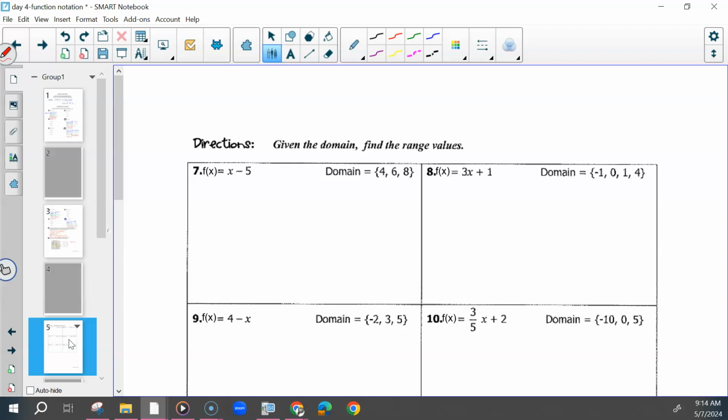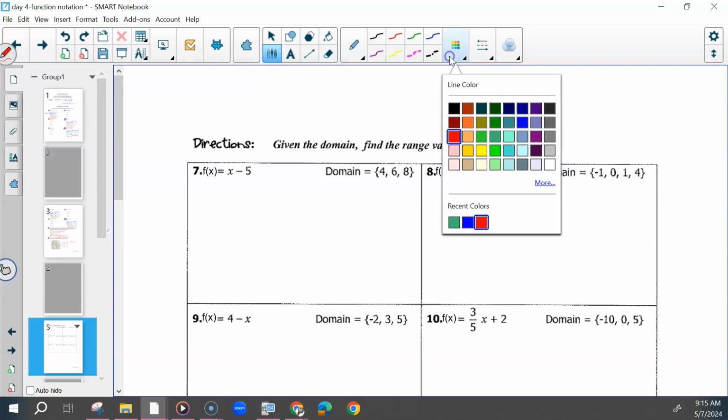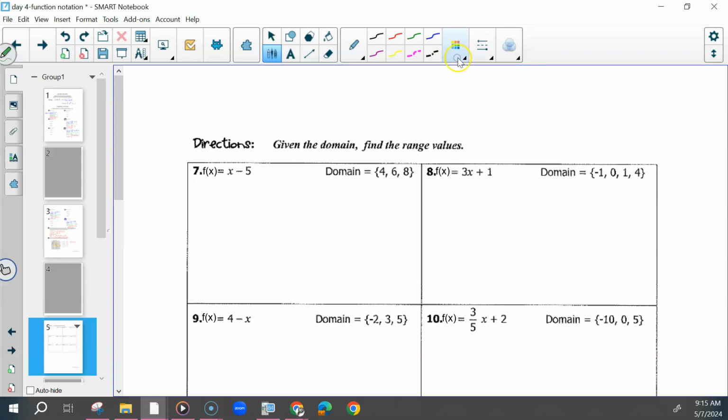You're doing the exact same thing. Because we're given these domain values, they're x's, so we're putting them in for x. I would set each one up. You could do this algebraically, in the calculator, or by hand. F of 4 equals 4 minus 5.